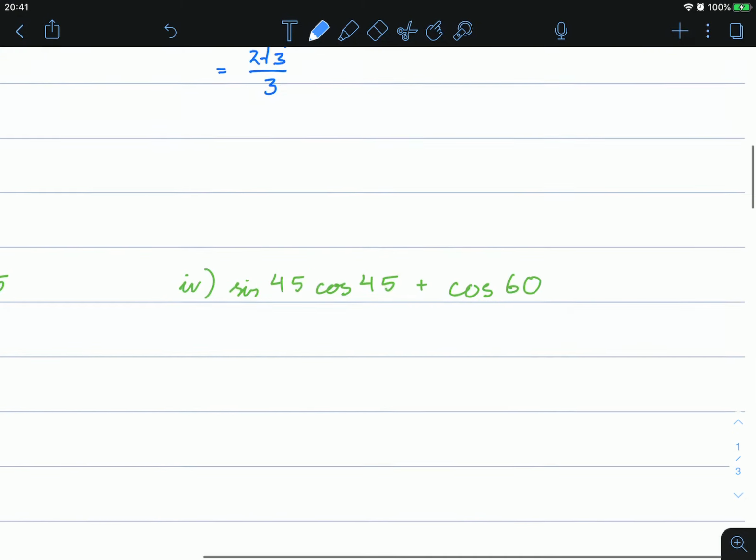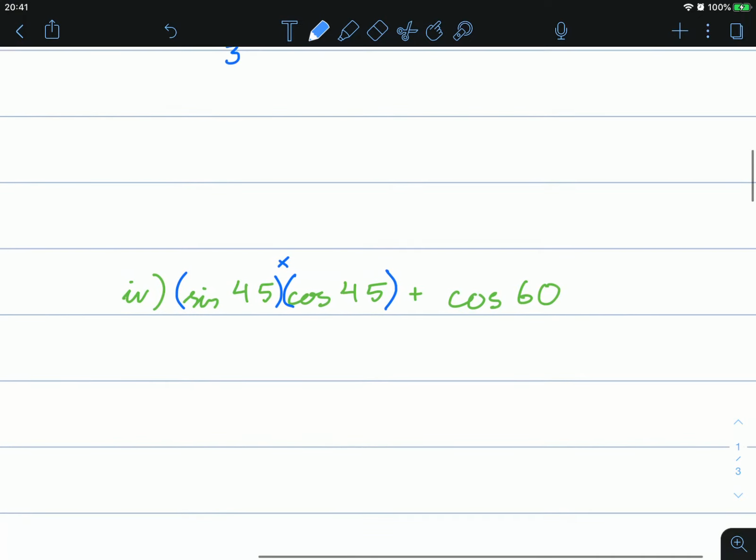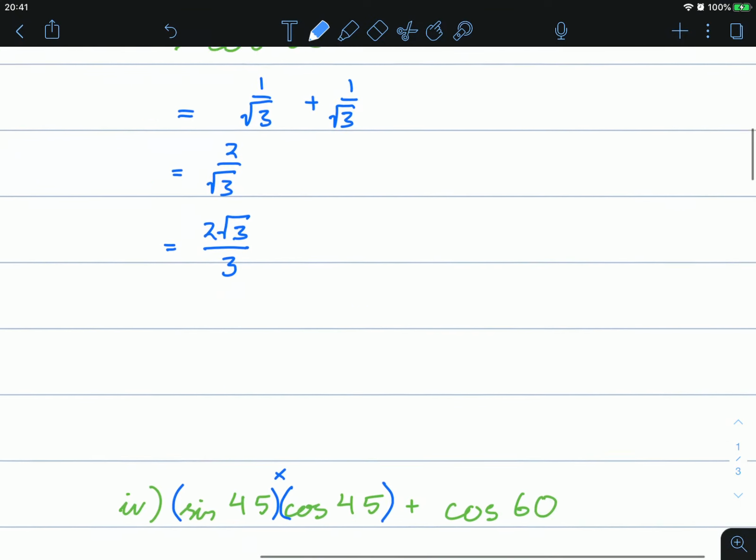Sine 45, cos 45. Now it may not seem like it, but that means there's a multiplication in between them. So sine 45 and cos 45 are both equal to 1 on root 2.